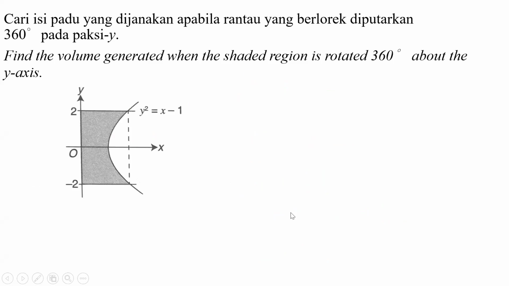Okay, more questions now. This is the one I'm talking about. Find the volume generated when the shaded region is rotated 360 degrees about the y-axis. This whole thing under this curve, when it is rotated about the y-axis, you imagine this part coming here, so you will have this shape.